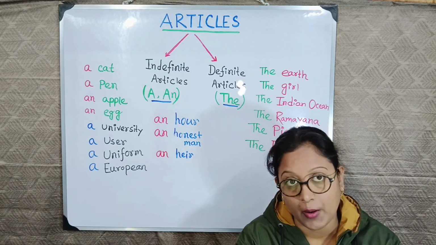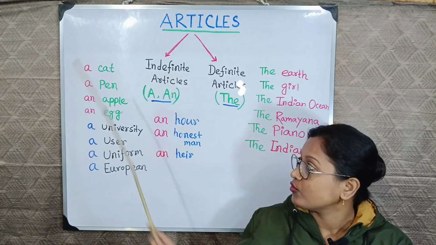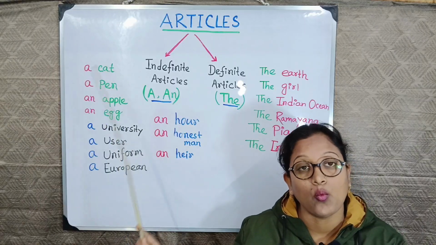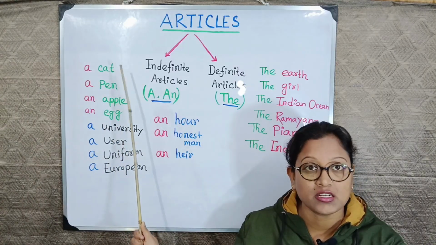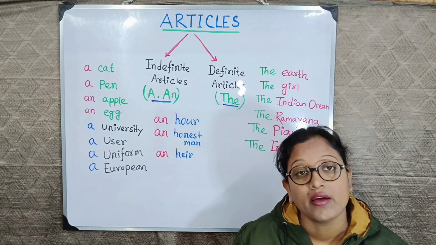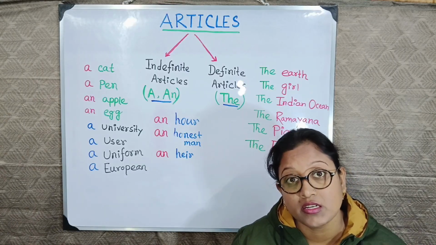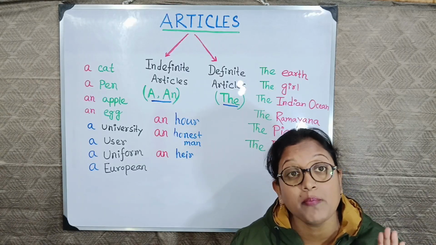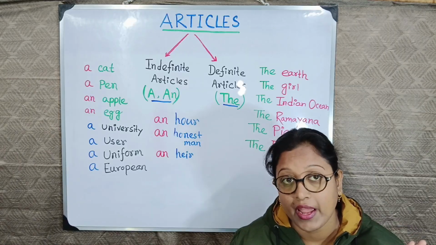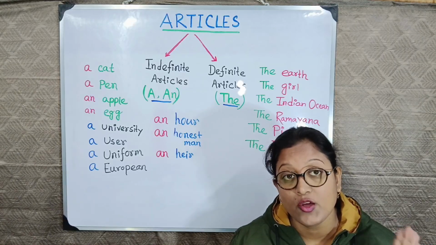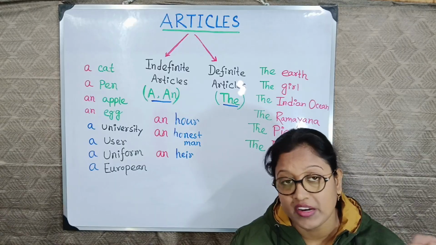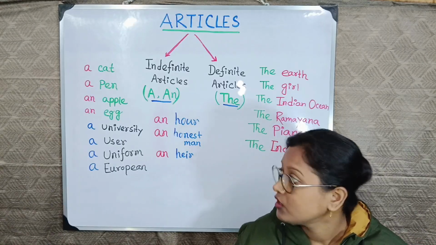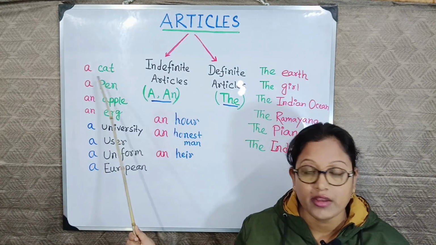We use a when the words start with a consonant sound. A cat. Consonant. Among 26 letters, there are 21 consonants and 5 vowels. A, E, I, O, U, these are vowels, and the remaining 21 are consonants. So, see consonant, right?